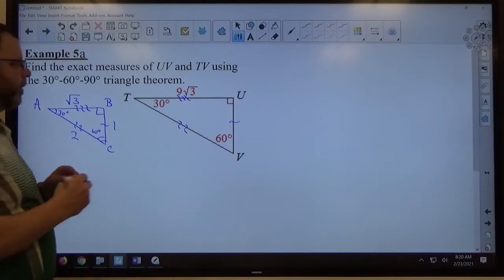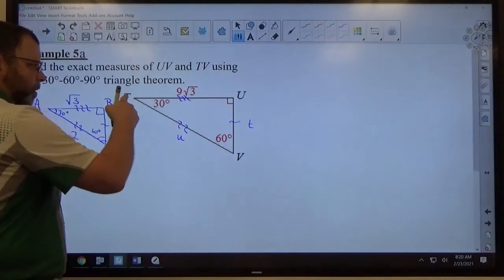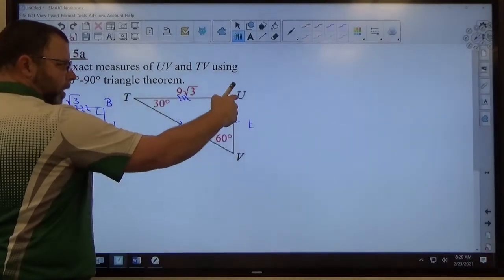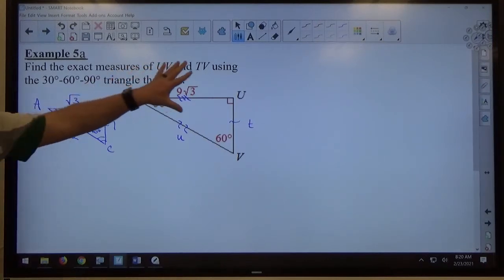I'm going to call this side over here side T, and this side over here side U. Again, big T opposite little t, big U opposite little u. You don't have to use those letters, but that's typically what books are going to do. So I like to do what the books are going to do, so I'm familiarizing myself with that idea. And once again, these are the ones I'm looking for.